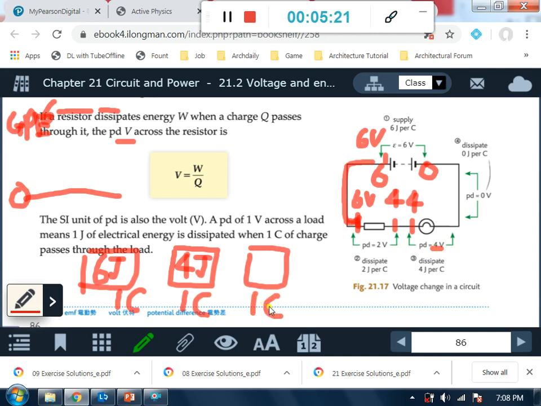Per 1 coulomb, it will consume 4 joule. Finally there is 0 joule when it comes out, which means the voltage should be 0. Then this lorry, without any energy, goes back to the power source.